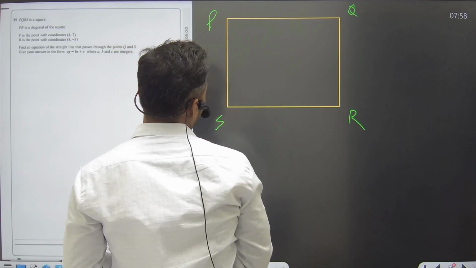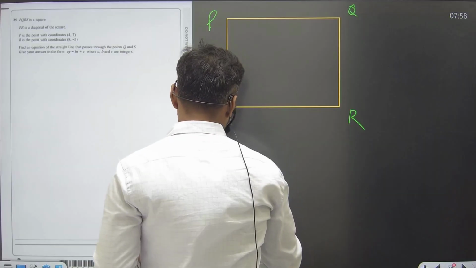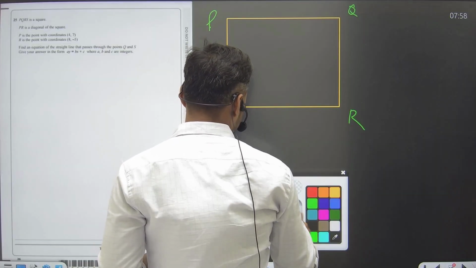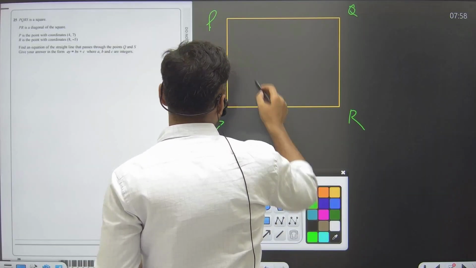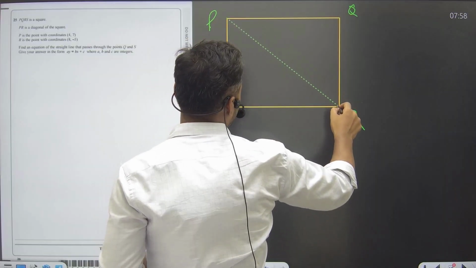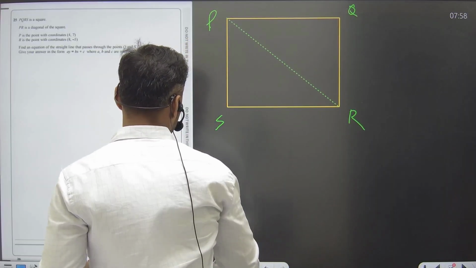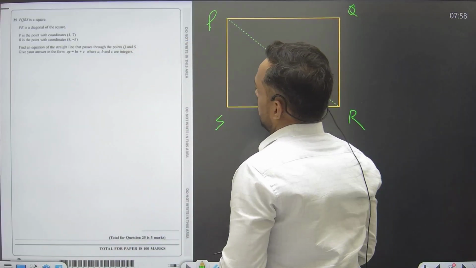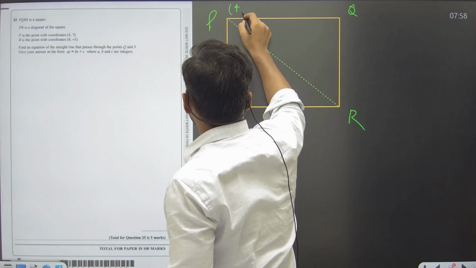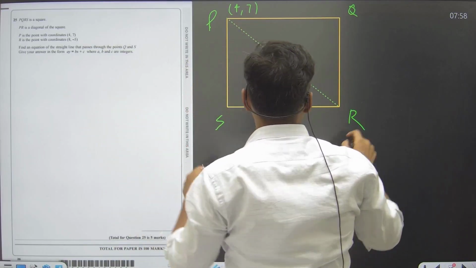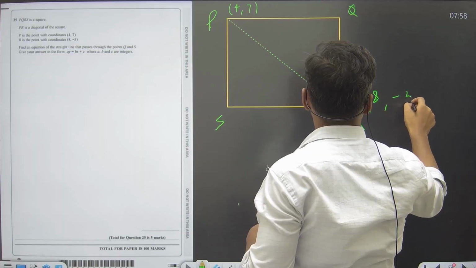PR is the diagonal of the square, so let's do it. From here to here, it is the diagonal part. Now the coordinates of P are 4, 7 and R is 8, -5.